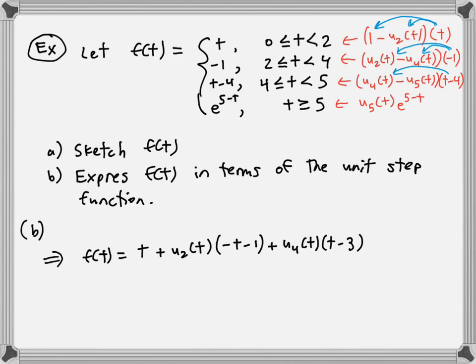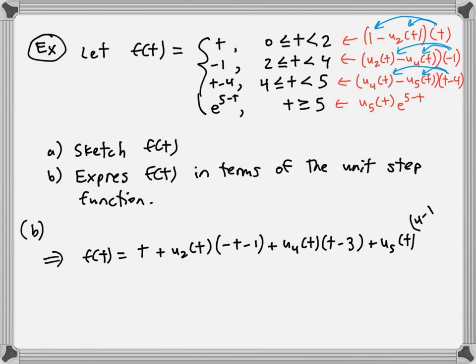Next, I have a u5 of t. And what do I have? I have this guy, but then I also have the e to the 5 minus t term, right, on the bottom. So what's that going to be? Well, I have a minus in front of the u5 up there, so that's actually 4 minus t, if you apply the negative to it, but then plus e to the 5 minus t.